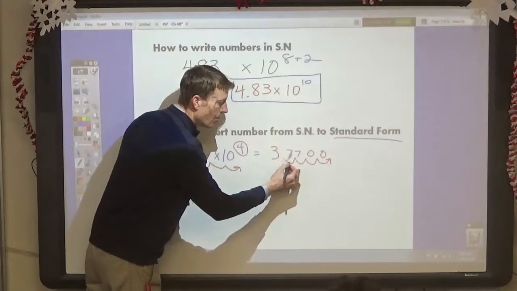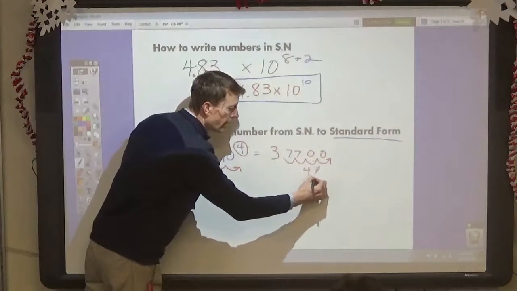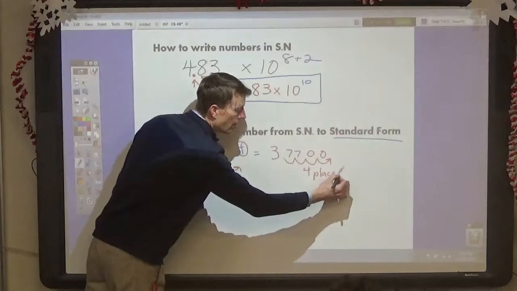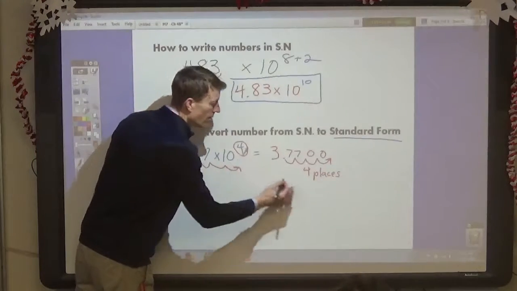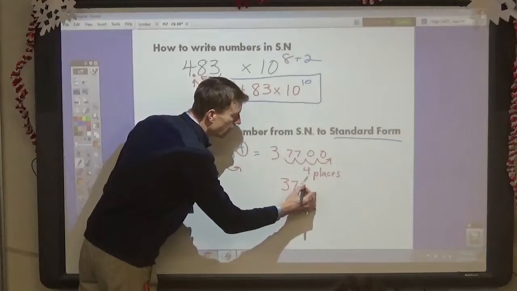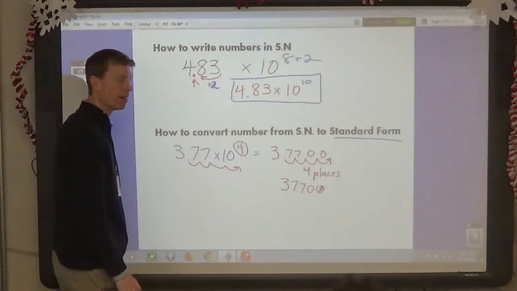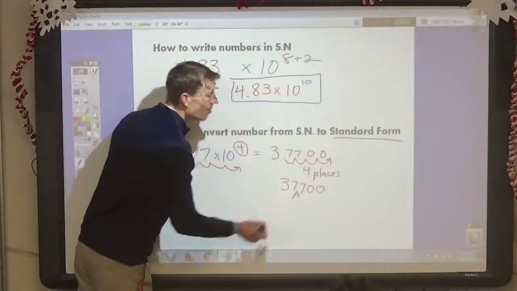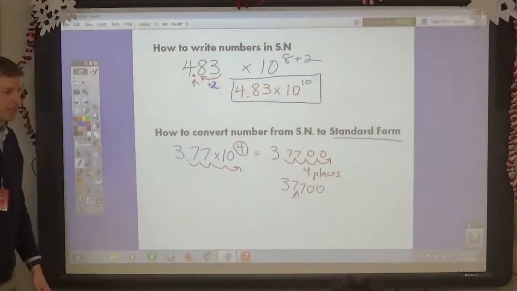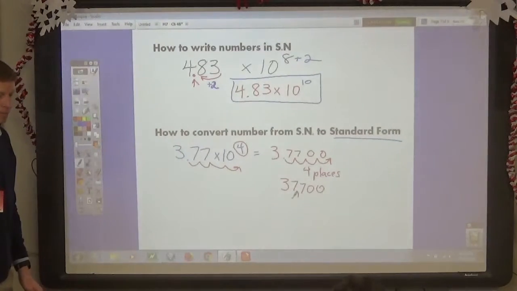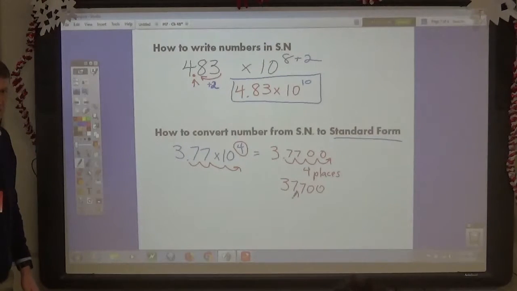You moved it 4 places because of the exponent. So it's 37700. Now put a comma in. 37,700. Good, 37,700. Number 1. Number 2.